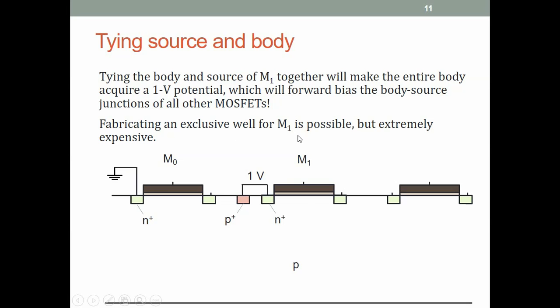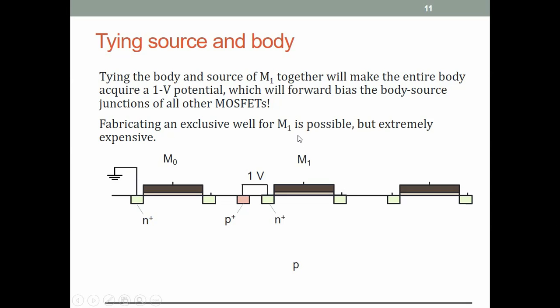Technology does allow that a transistor can be fabricated separately and exclusively in its own well, and then that well can have whatever voltage one wants. The disadvantage is that creating a well for a MOSFET for itself is very, very expensive.